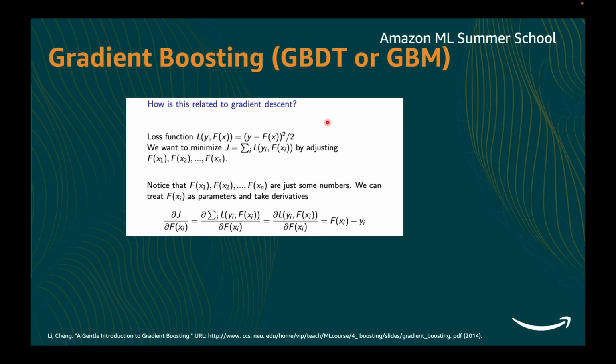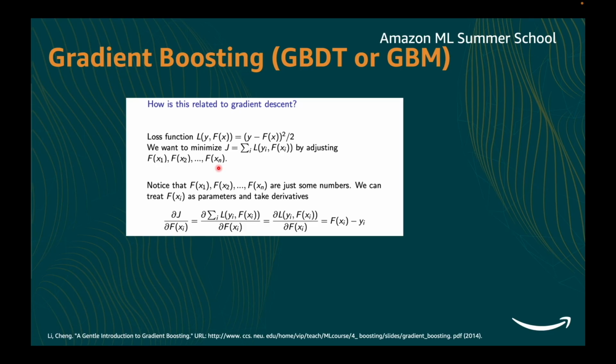It won't change the model you're obtaining. So now we want to minimize this, and we want to do this by adjusting f(x1), f(x2), up to f(xn), right? Now these are just some numbers. These outputs of the model f are just some numbers.